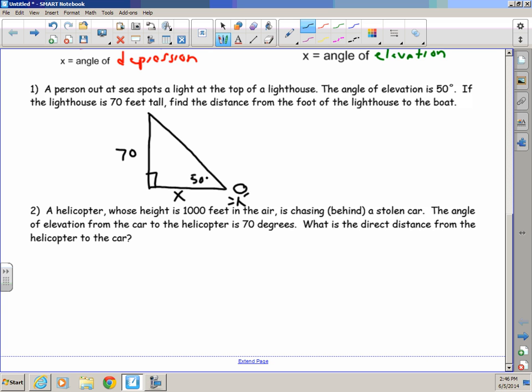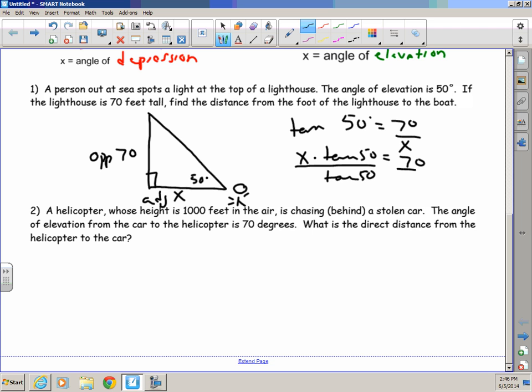So I have opposite, adjacent. So I'm using the tangent of 50 is equal to 70 over x. I cross multiply. I divide. Rounding to the nearest tenth, I get 58.7 as how far away they are.